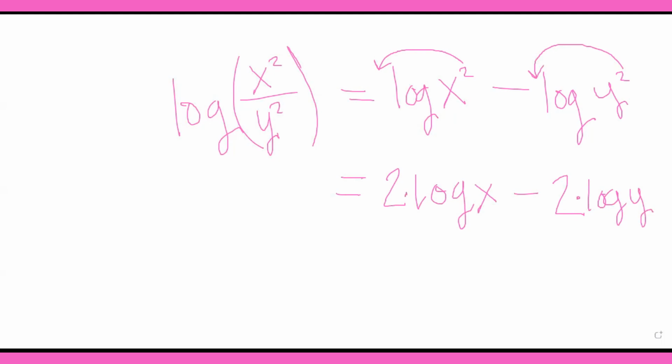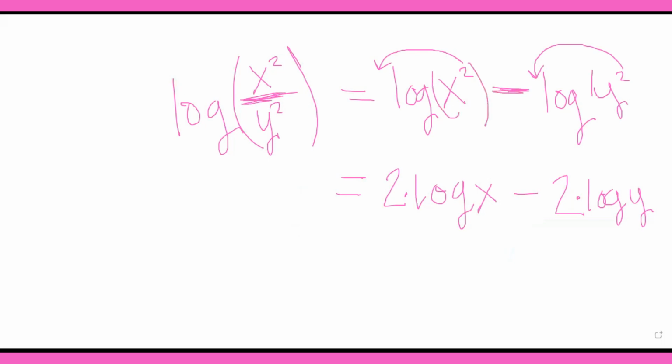So if it helps us solve, we could divide both sides by 2. Let's say we were given that this whole thing equals 4. Then we could go ahead and divide both sides by 2 in order to solve. In this case, we have 2 different variables, so that doesn't really help us here. But it may help depending on whatever problem you're given. So that would be expanding and the quotient rule. When I'm dividing 2 things, I can expand and subtract.